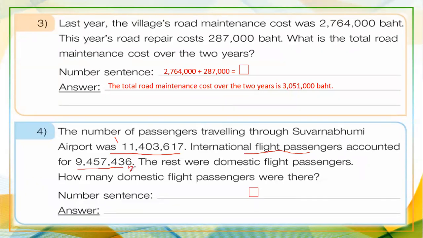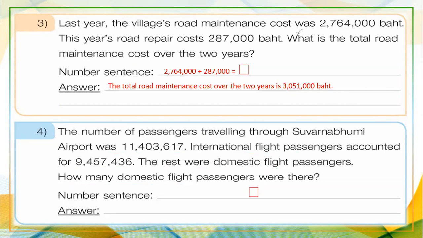Okay, this is the international one. The total passengers at Suvarnabhumi airport is 11,403,617. International flight passengers were 9,457,436. The rest were all domestic flight passengers. So what do we have to find? We have to find how many domestic flight passengers there were.